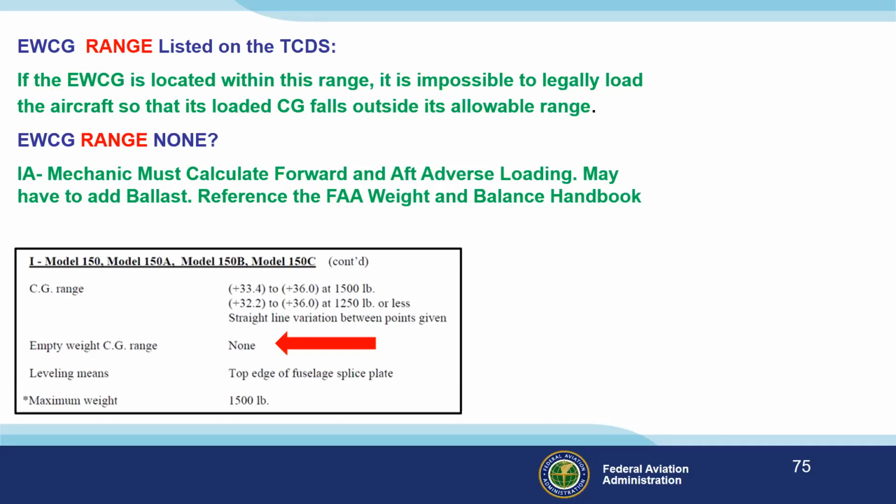But you need to calculate worst case scenarios to make sure that the alteration you did is not going to allow the pilot to load the aircraft and create a situation where the loaded CG is outside of that range.